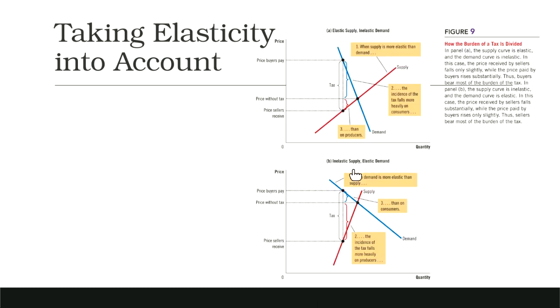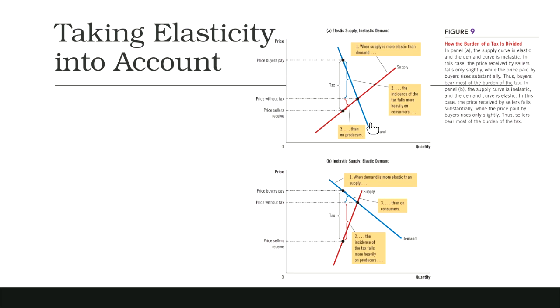Finally, taking elasticity into account, let me see if we can zoom in here. Great, there we go. So as I mentioned, as a precursor, we said that whoever's more inelastic is who pays the greater degree of the tax. And just to give you an example, notice in this case that the demand is very inelastic. So the demand is steep.